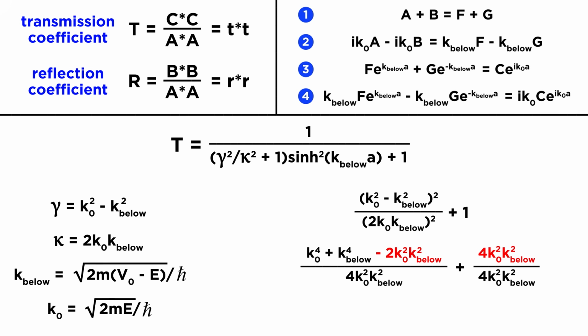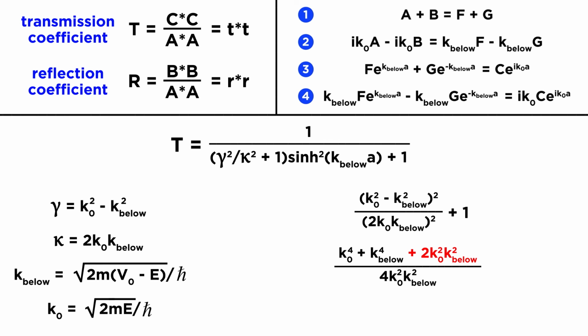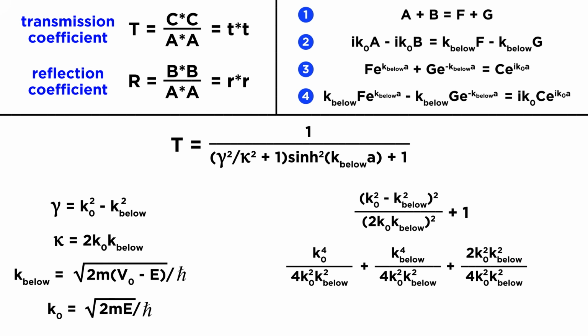Adding the numerators, -2 of these plus 4 of these gives us 2 of these, and we are left with this. We can now split this back up into 3 fractions, each of which will involve canceling some terms. 2 of the k naughts for the first, 2 of the k belows for the second, and both of the k terms for the third, as well as cutting the numbers in half.